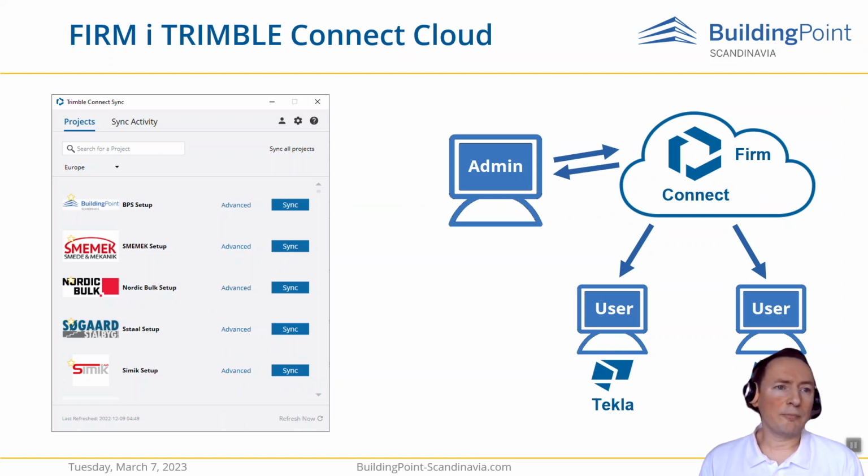If you have a third-party drafter who will do some drafting for you, they can also have access to your Trimble Connect cloud and have the same setup that you have if they need to do drawings for you. So it's much easier than giving them access to your own company environment. It's a good way to do all these kinds of things, and everything is handled in the cloud.